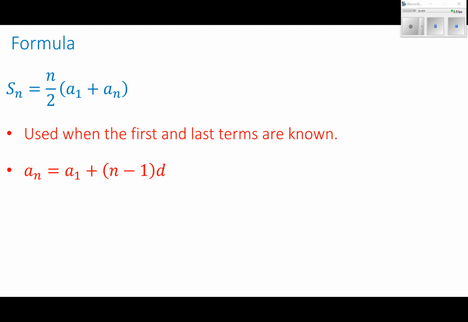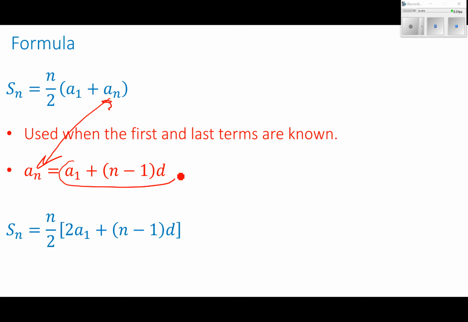Remember though, a sub n is this formula. So this was going back to our sequence where we have the common difference in an arithmetic sequence, a sub 1 plus n minus 1 times d. So this formula that we have in blue can also be written like this. It looks a little more complicated, but it's just taking our a sub n, these are the same, so it's using this in place of a sub n.